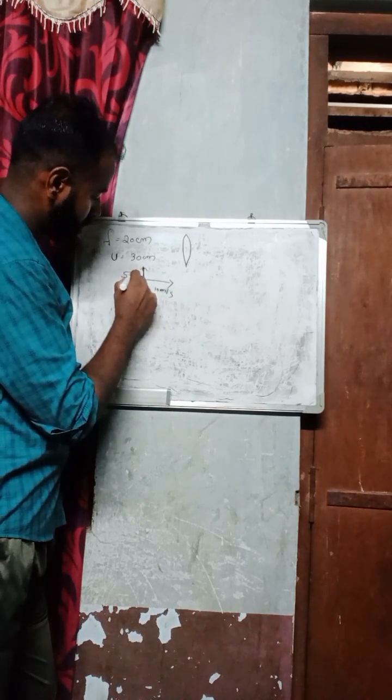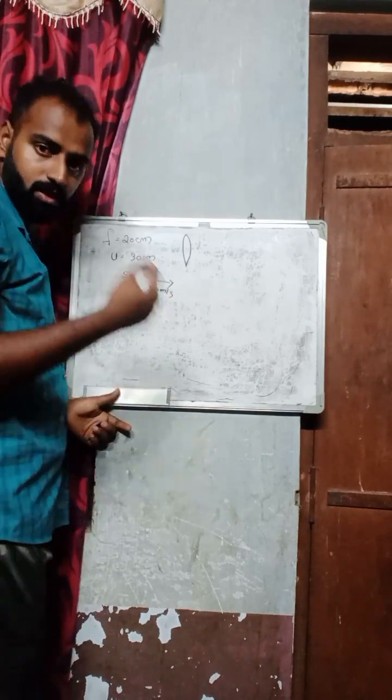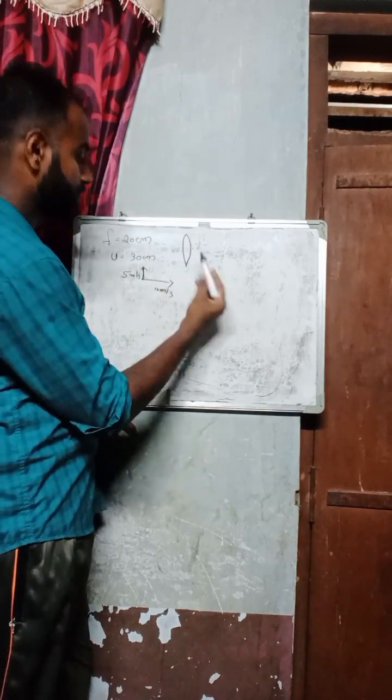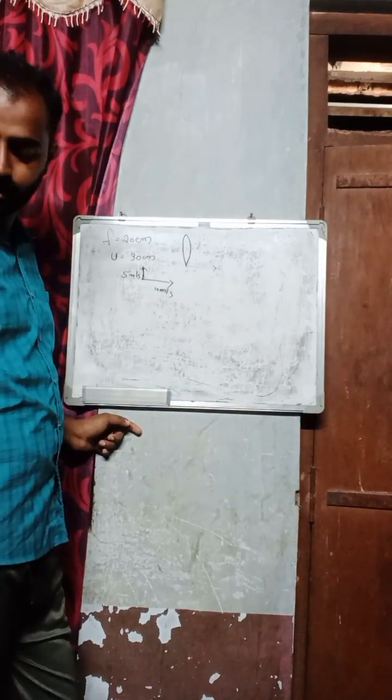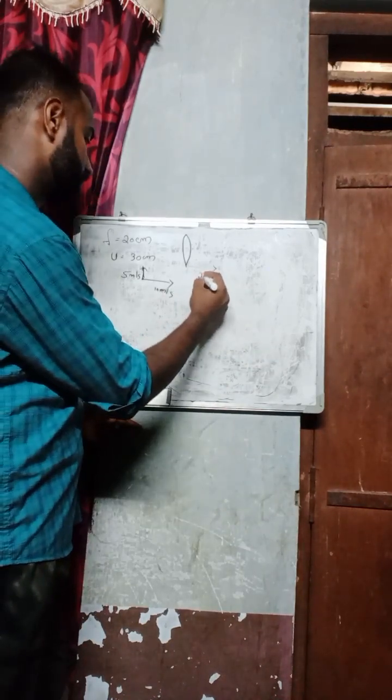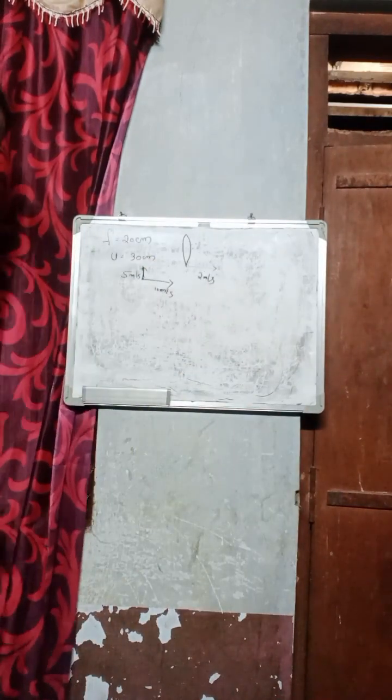And I am introducing one more thing: the lens is moving with the speed of 2 meter per second. These all are given in the ground frame.